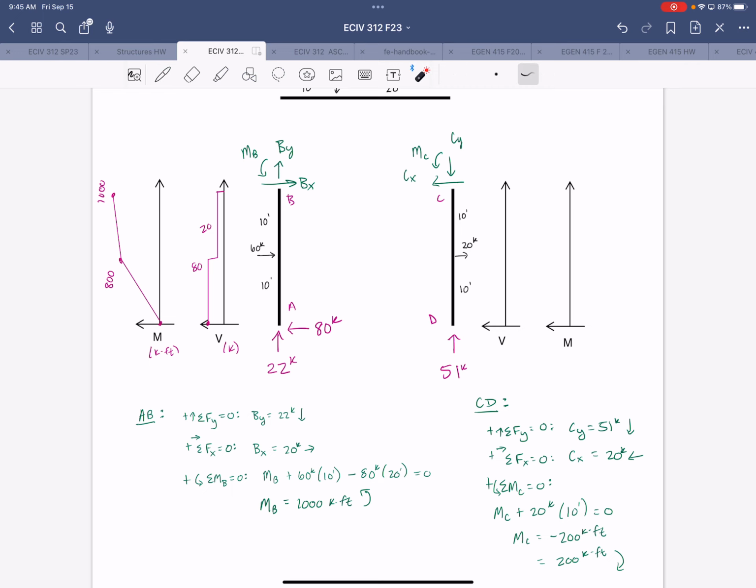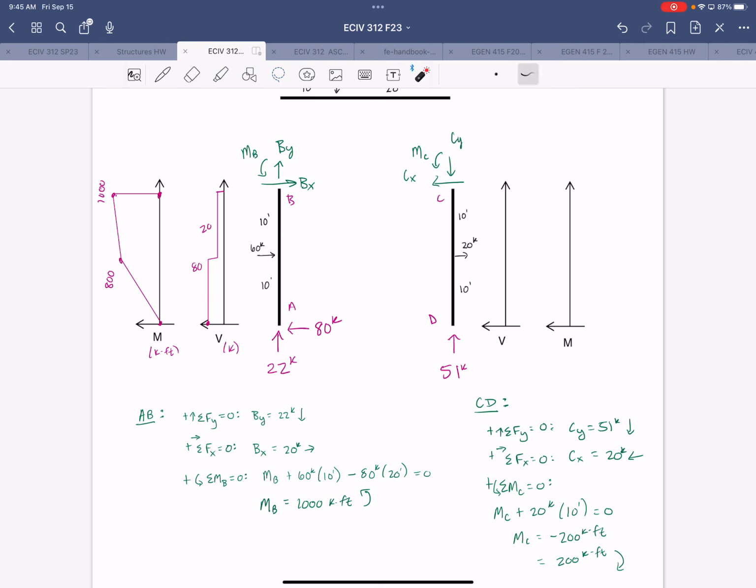And then this positive or this counterclockwise moment at B will cause a negative jump in our moment diagram. Even though it's a positive moment at B, it's going to cause a negative step in our moment diagram to 0.